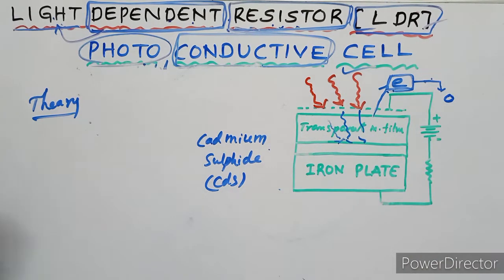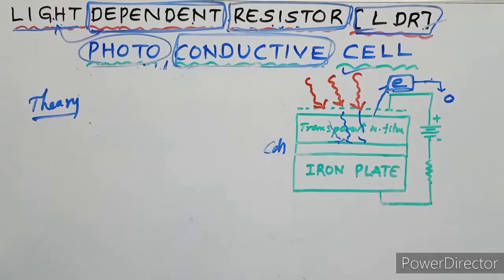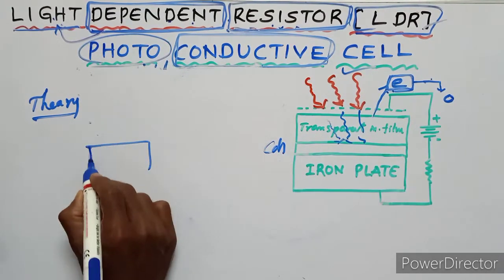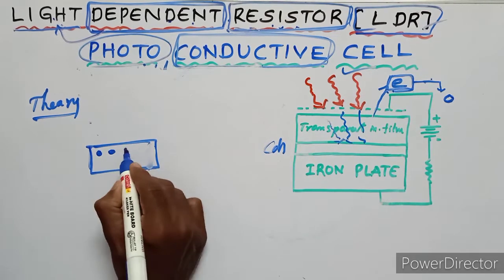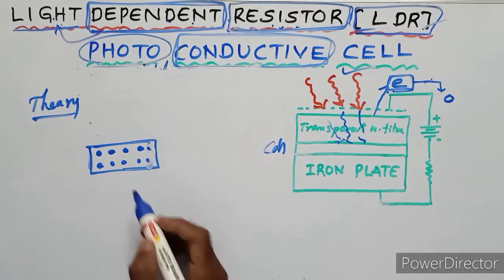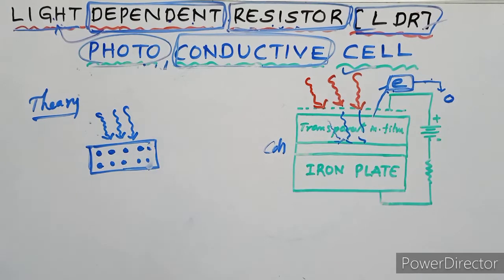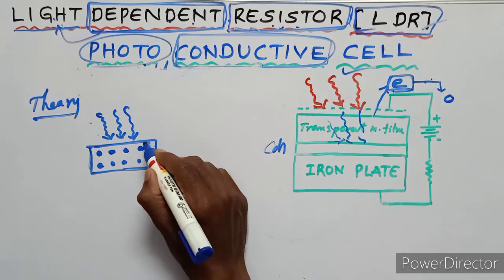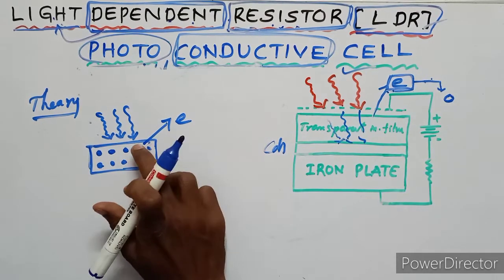For example, this is the CdS. So this is the metal, with free electrons. First of all, light is incident on this plate. Next, an electron is emitted.